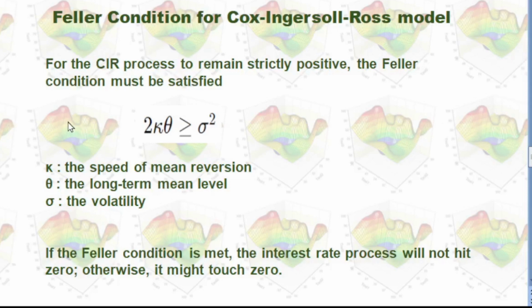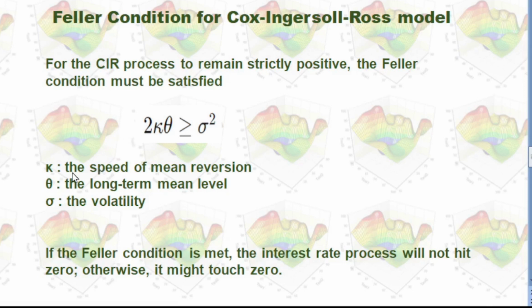When we use CIR model, we need to remember one condition. For the CIR process to remain strictly positive, the Feller condition must be satisfied. So 2 times kappa times theta must be no less than the square of sigma.